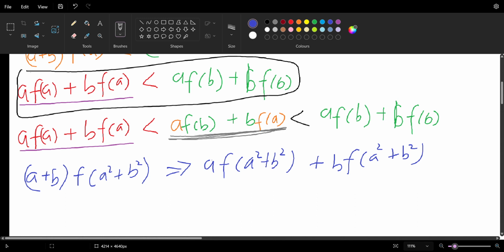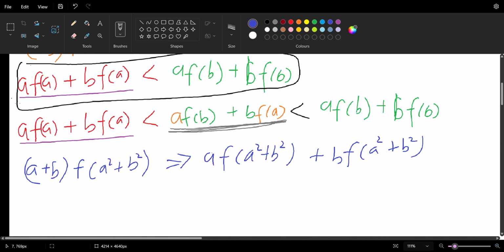So if you are making some comparisons, we'll do the black part.